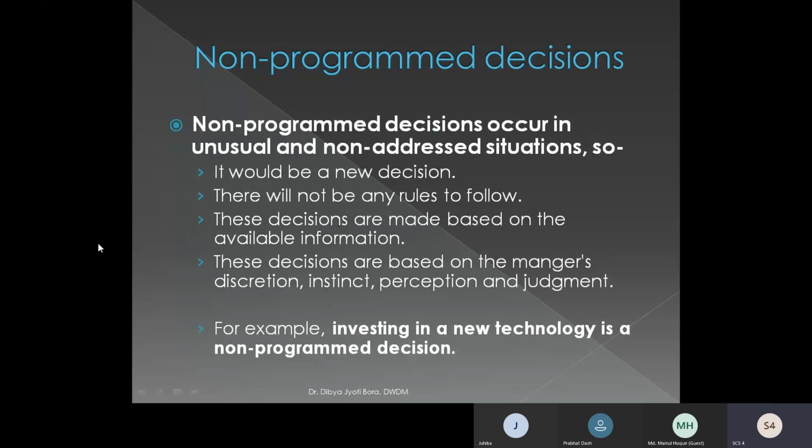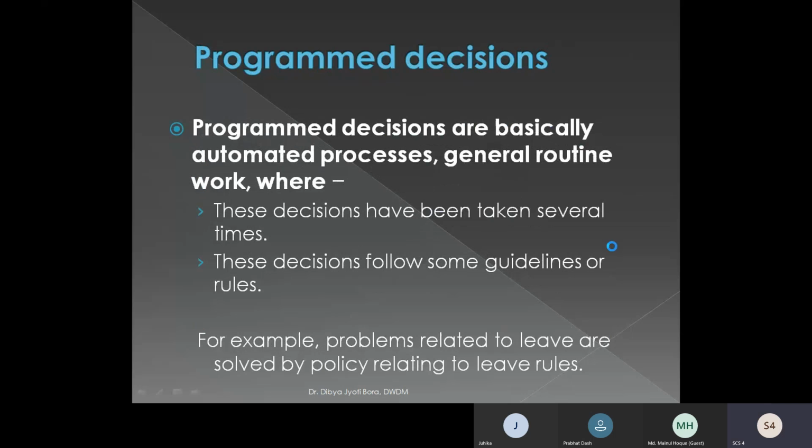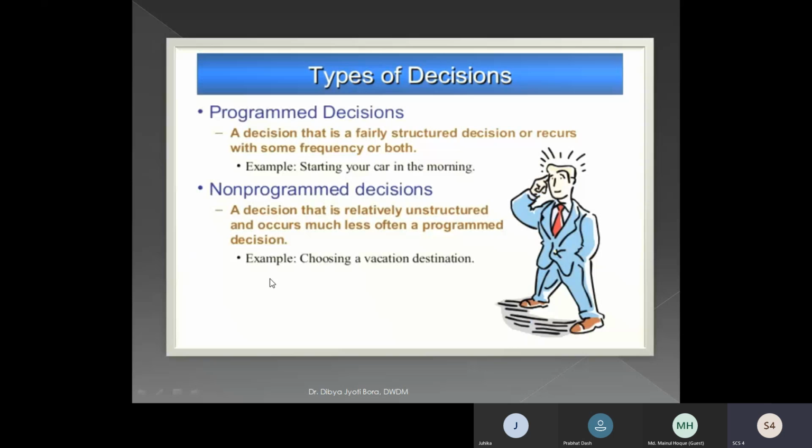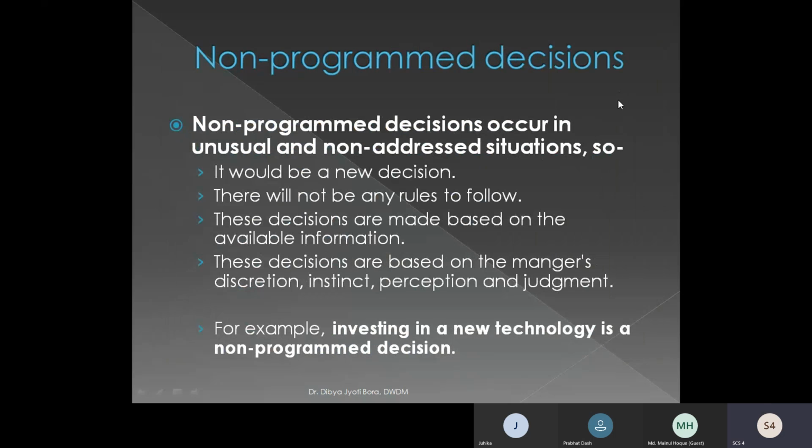Right? For example, what example I have cited, choosing a vacation destination, right? Suppose you have planned to visit Gangtok, but what is going on actually there is, due to some landslides or whatever, that road is blocked, a single-way road, and that is blocked. So at that very moment, you have to make a decision that you can't go there.